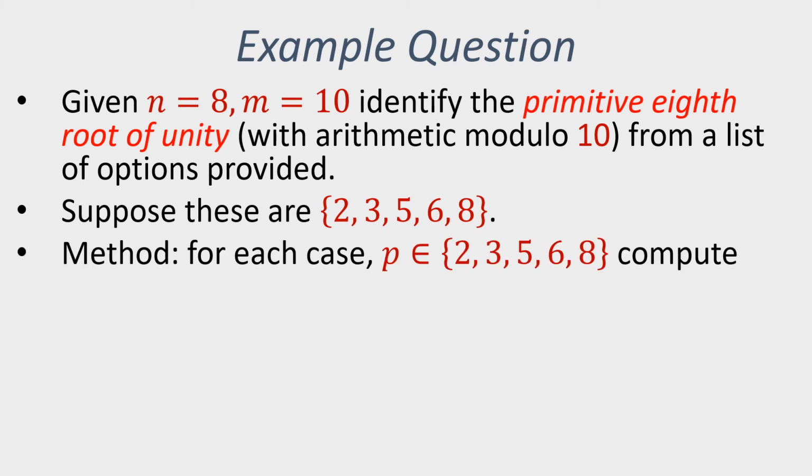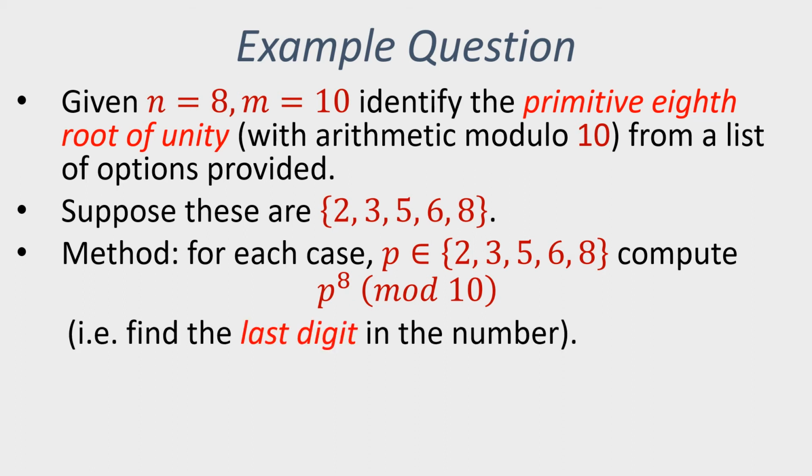Well, in order to deal with that sort of question, to identify which of those is a primitive 8th root of unity, all you have to do is compute for each in turn that value raised to the power 8 and then look at it modulo 10, which in effect just means looking at the last digit in the number itself.